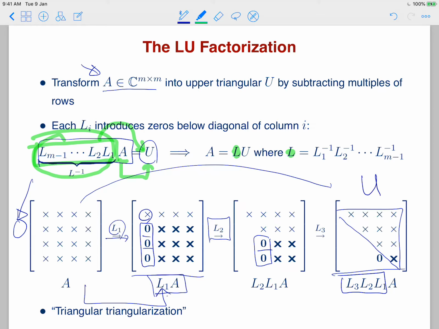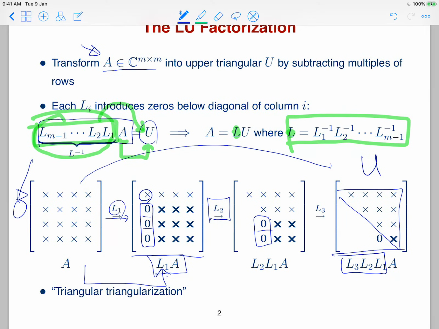The inverse of this product of all these matrices will also be a lower triangular matrix. It can also be called a kind of triangularization.